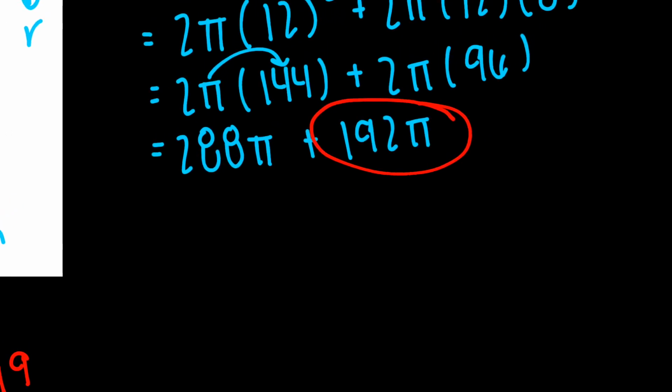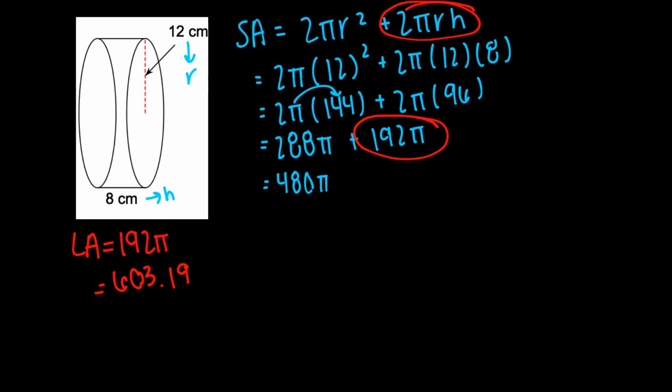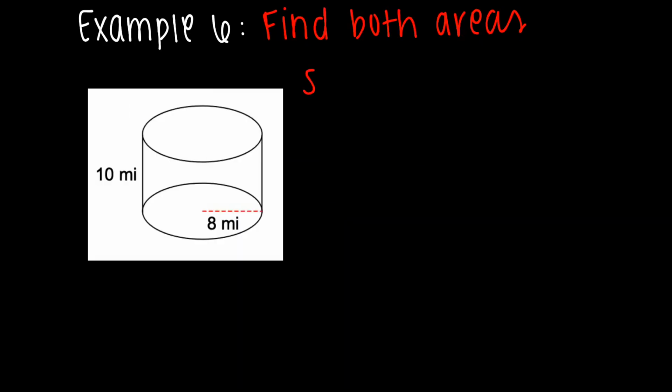I'm going to do 288 plus 192, and that is going to give me 480. So my total surface area is 480 pi as an exact answer, and as a decimal approximation, 480 pi gives me 1,507.96.